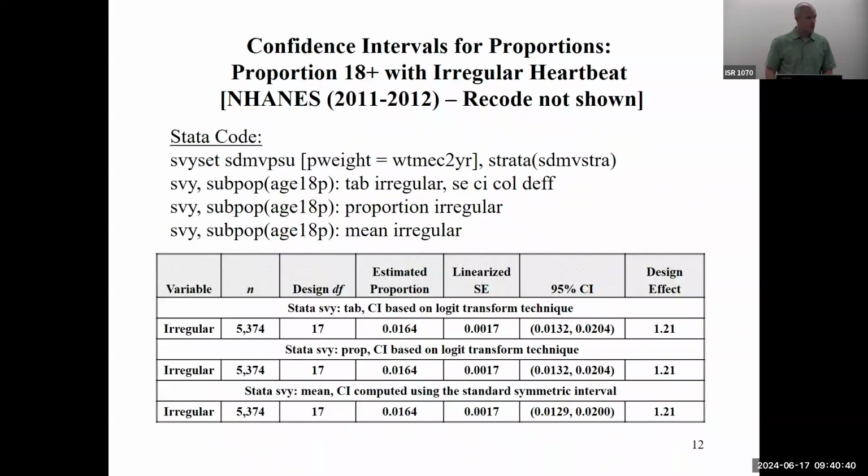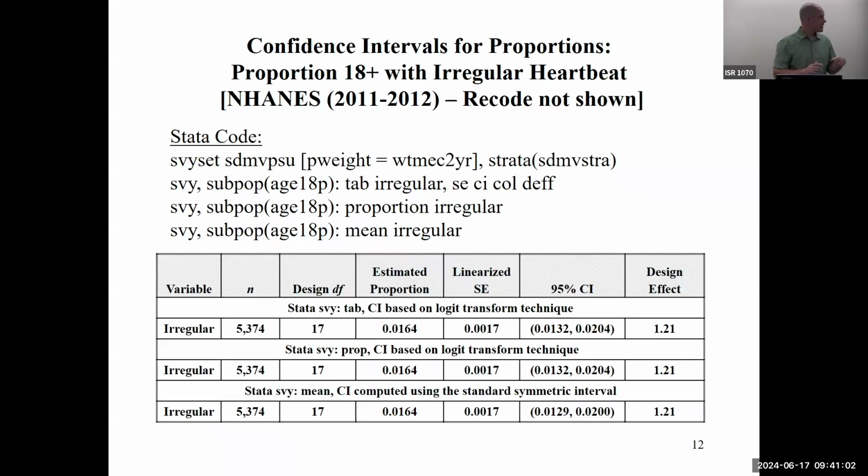Yep, go ahead. Linearized SE is the default and you have not specified whether it is the jackknife or Taylor series. Yeah, remember in Stata, linearization is the default. So if we don't specify anything in any of the code, linearization will be used by default. So if we need to change it to another one, we have to add the jackknife.